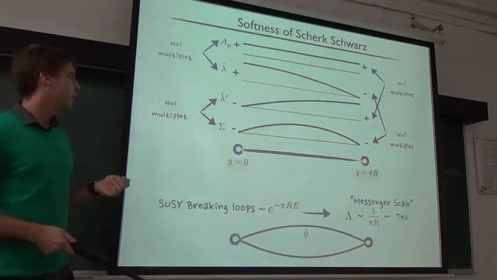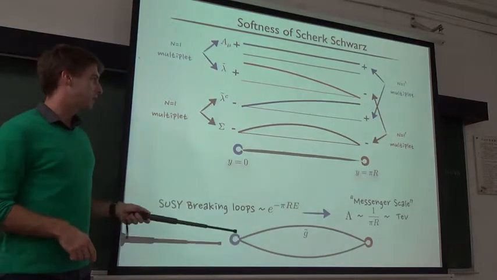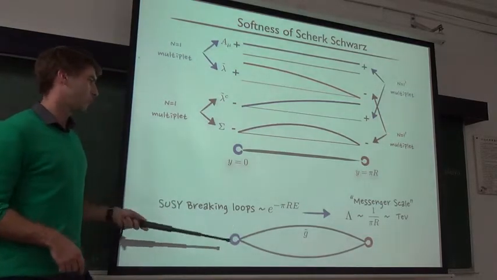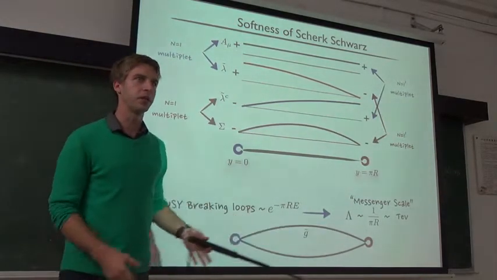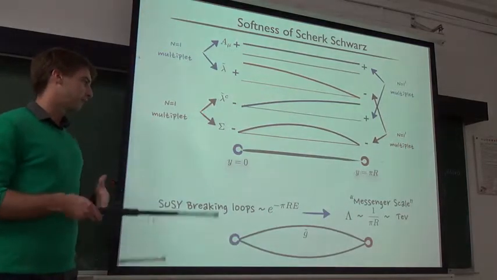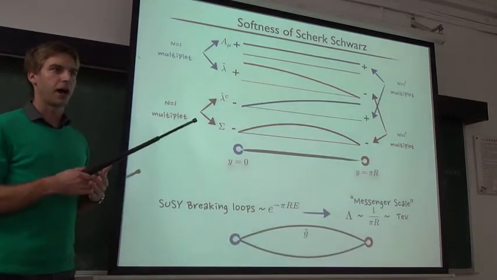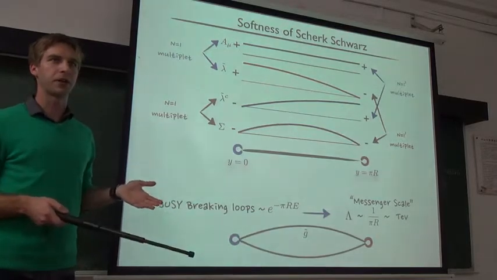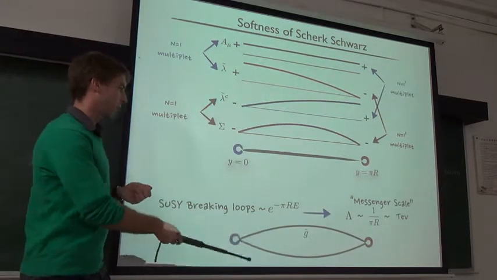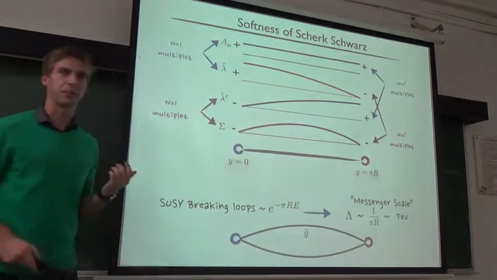And the point is that when I need to feel an effect on both sides of an extra dimension, if I look at virtual particles, as I go to high virtual masses or high virtual momenta, the propagation of this particle across this extra dimension is exponentially suppressed.